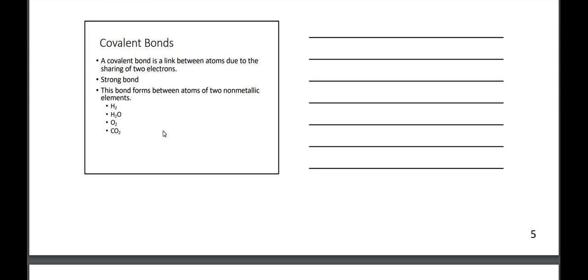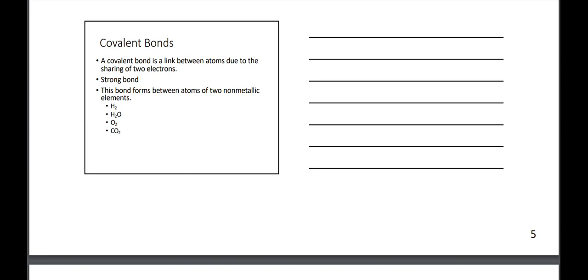This is also a good way for you to tell, when you look at a compound, how to determine if it is a covalent bond or an ionic bond. So you would look at the elements, and if those elements are part of the non-metals group on the periodic table, that means it is a covalent bond. If it's otherwise, that means it's an ionic bond.